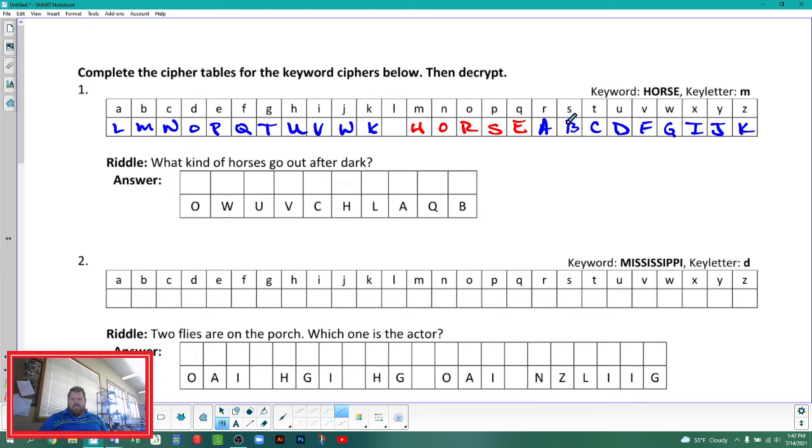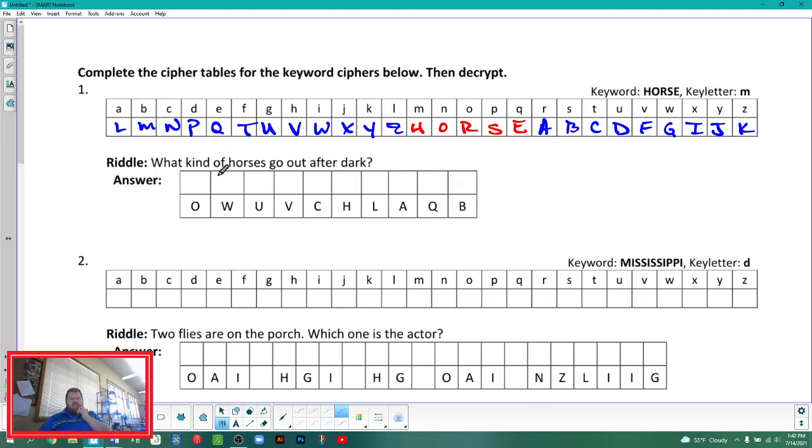I didn't skip O. Okay, let me just erase it all. I didn't skip O. And that's how you know that you should get Z and then your keyword, unless Z was used in your keyword. And skip O, P, Q, skip R and S, T, U, V, W, X, Y, and Z.